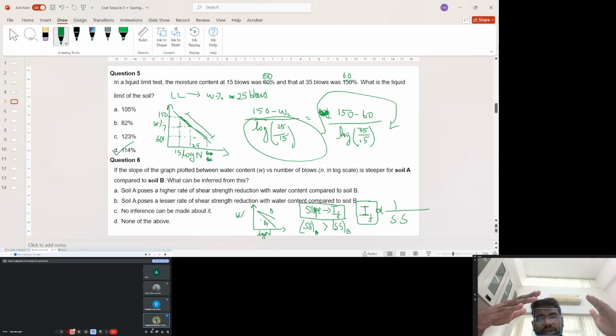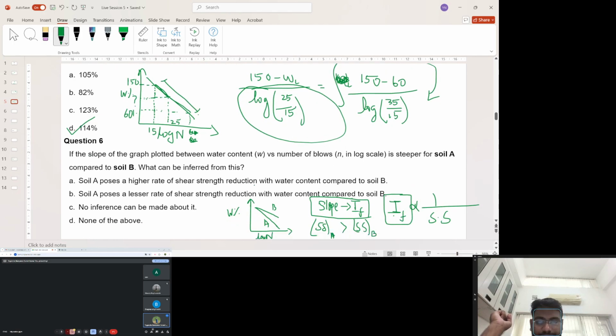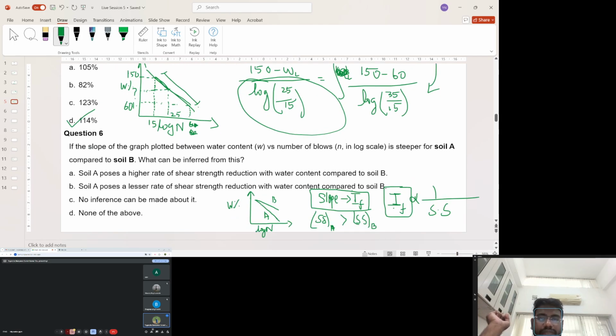But if you consider it from a common point of view, let me zoom in. So the rate of reduction: the number of blows is decreasing at a larger rate compared to, if you see, at a particular water content.